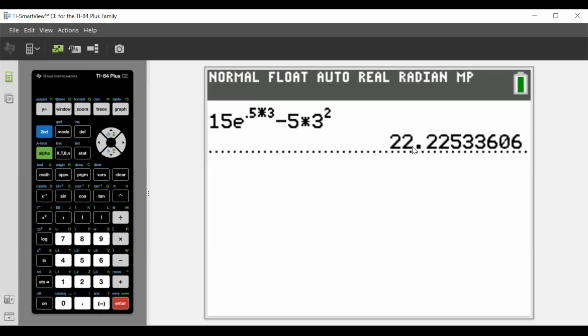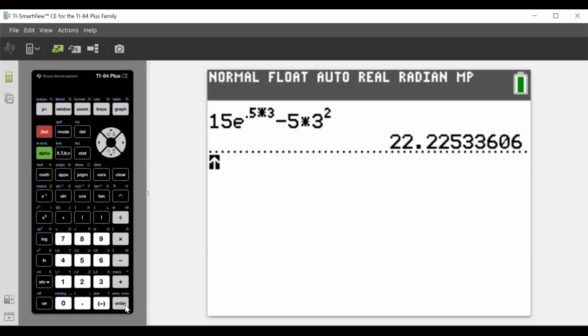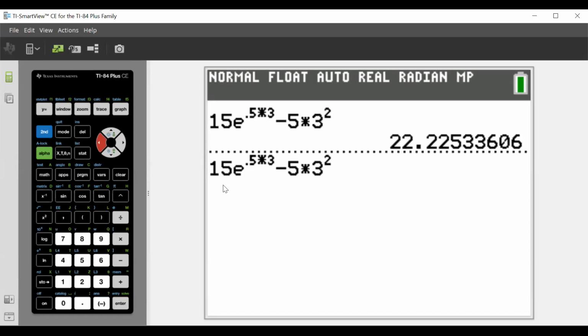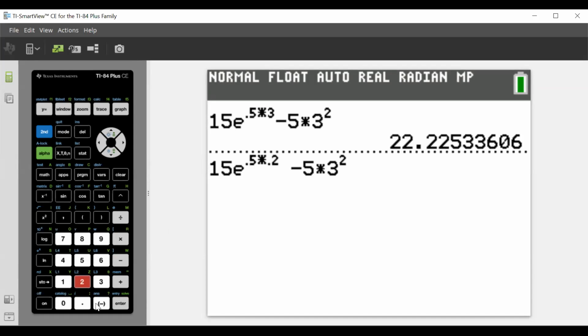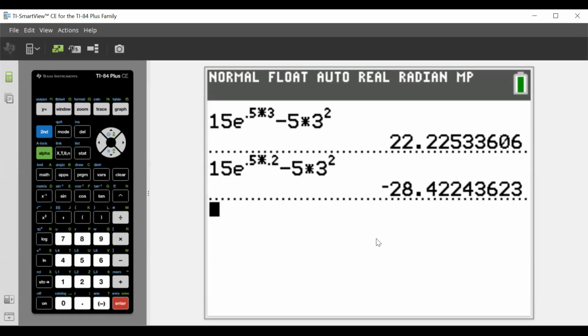That 3 won't round up, and so it'll be just 22.225. Now we can cheat, and we can say, well, let's do second enter, and instead of the 3, we now want to do the 0.2. So we put 0.2, and then we can arrow down, and then we can hit enter, and we get a negative 28.422, and then that's a 4, and so that's not going to round up, and so we just have the negative 28.422. So let's go back and write that down.